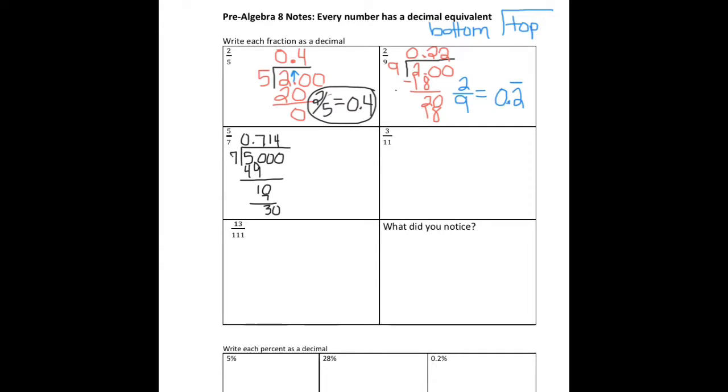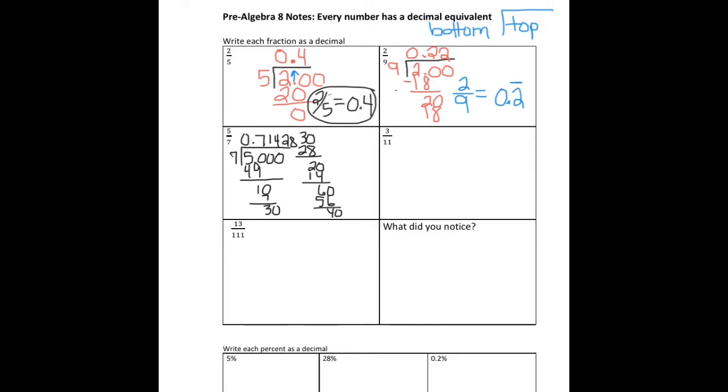Yes, it does, 4 times with 28. 30 minus 28 is 2. Bring down another 0. Does 7 go into 20? Yes, it does, 2 times with 14. 20 minus 14 is 6. Bring down a 0. Does 7 go into 60? Yes, it does, 8 times with 56. 60 minus 56 is 4.